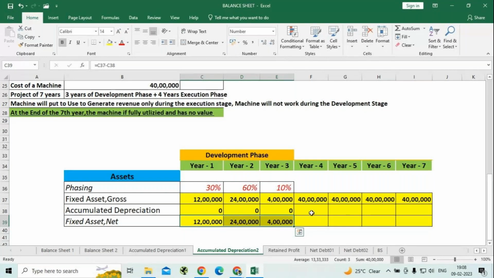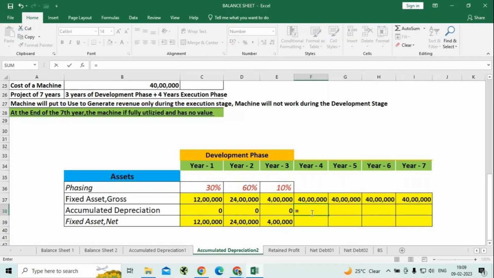So from year 4 onwards, when the execution phase starts, depreciation begins.